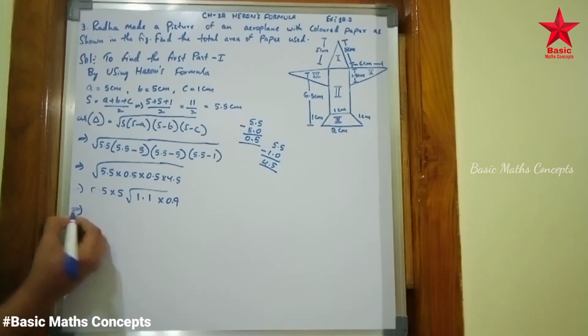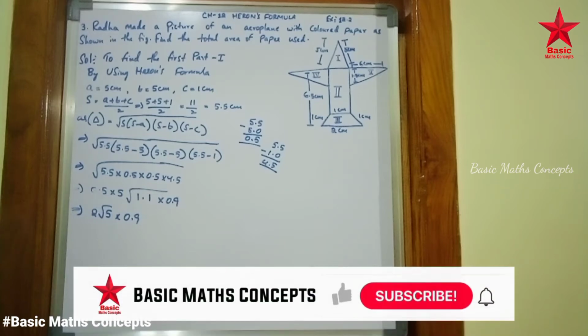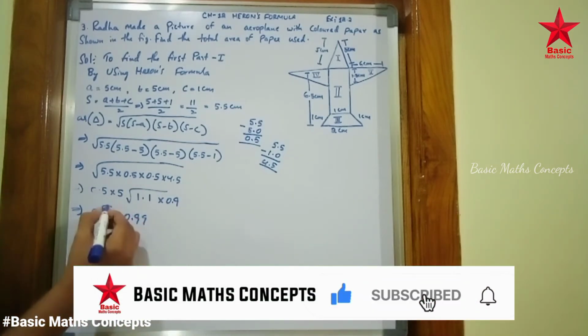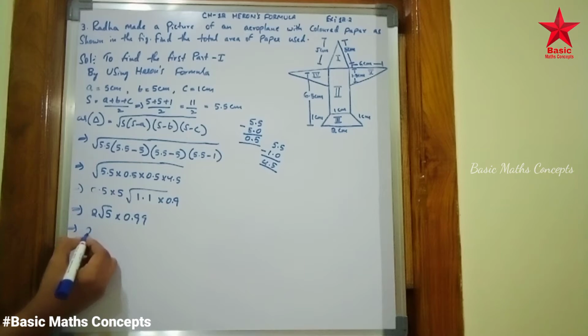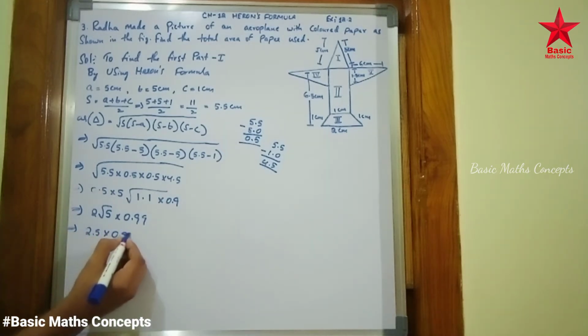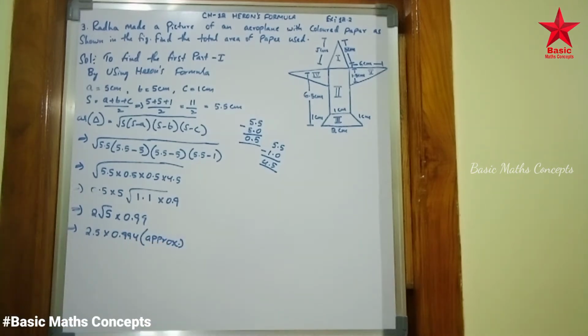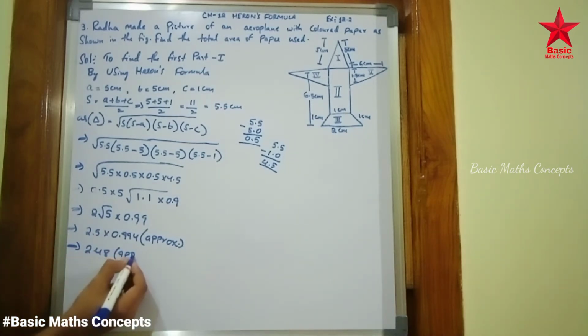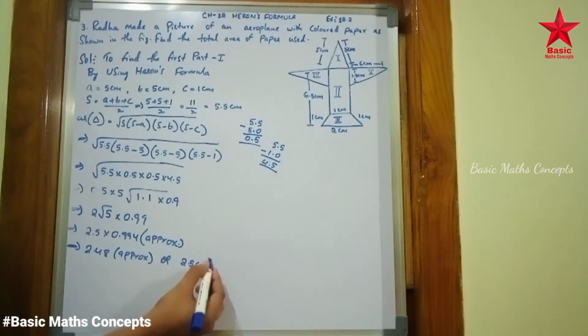So we get 2.5 into root of 0.99. Root 0.99 is approximately 0.994, so approximately we get 2.5 into 0.994, which is approximately 2.48, or we can say 2.5 centimeters square.